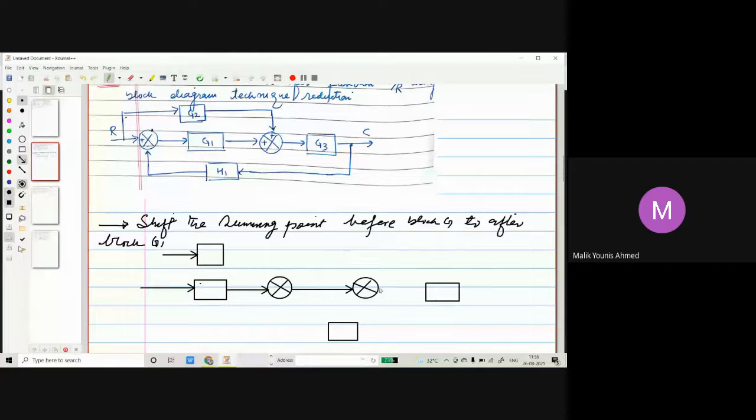From this we will have another block, and from this we can take output. From here we will take the feedback. This is what we require here. This is the feedback signal.